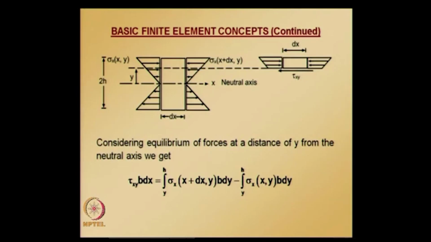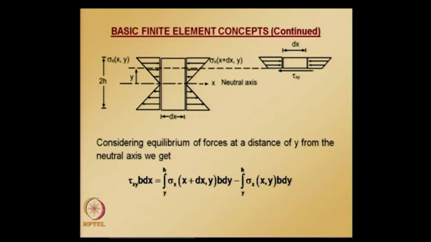Shear stress is denoted with tau xy, b is the width of the beam, and dx is the infinitesimal length of the element we are considering. So tau xy times b times dx gives the shear force, and that shear force we are going to equate to the unbalanced normal force.